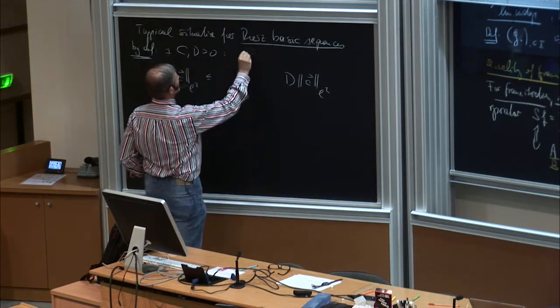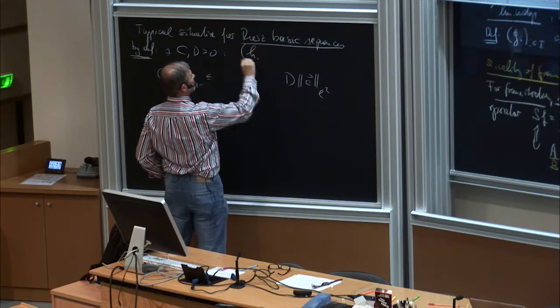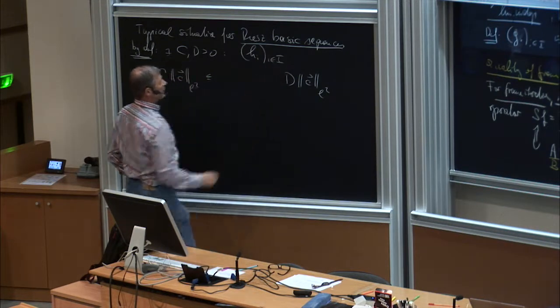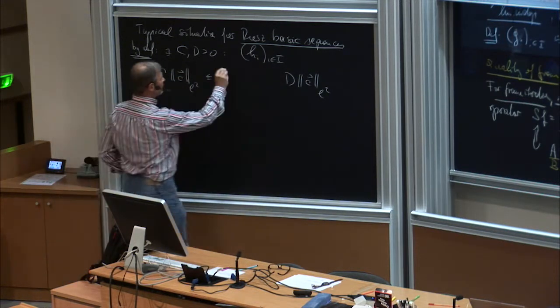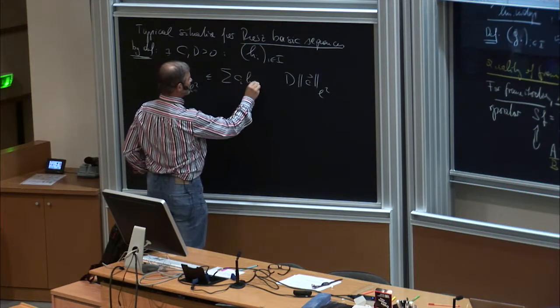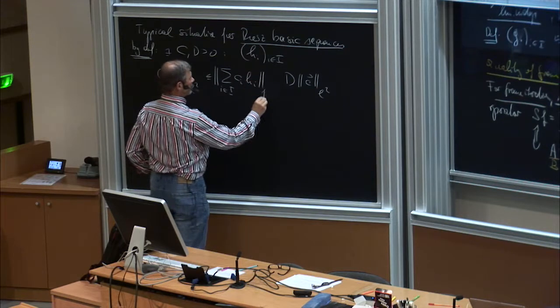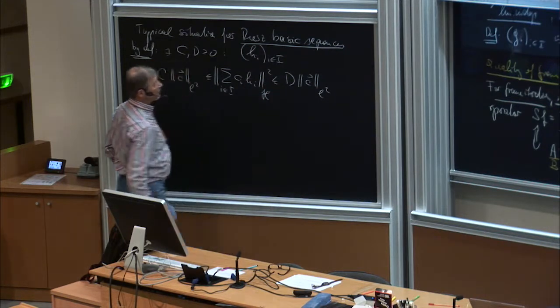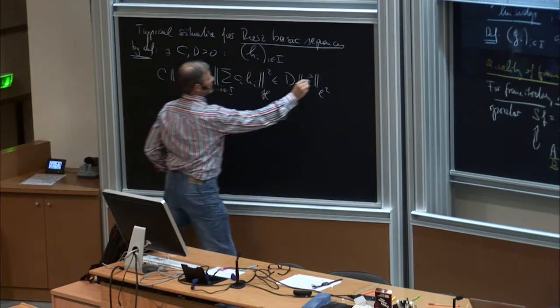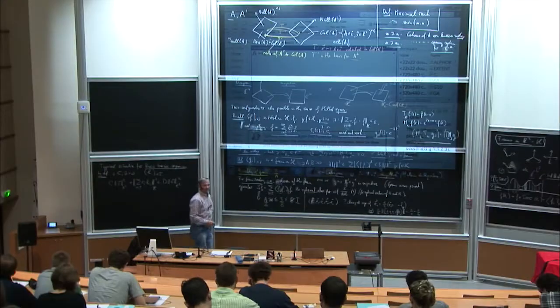So I have to give it a name. A family (h_i) is a Riesz basic sequence if the vector that you create by doing synthesis with this family, i in I, and take the length of this vector in the Hilbert space squared is comparable, with the squares, to the original length.